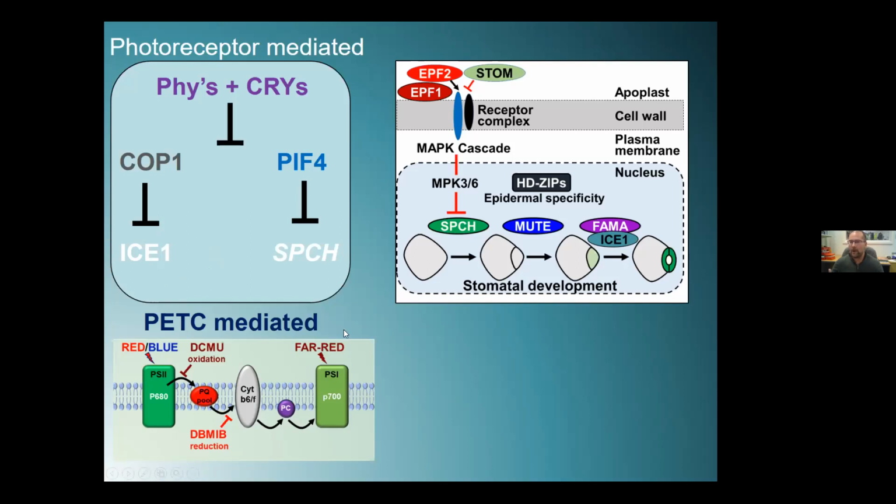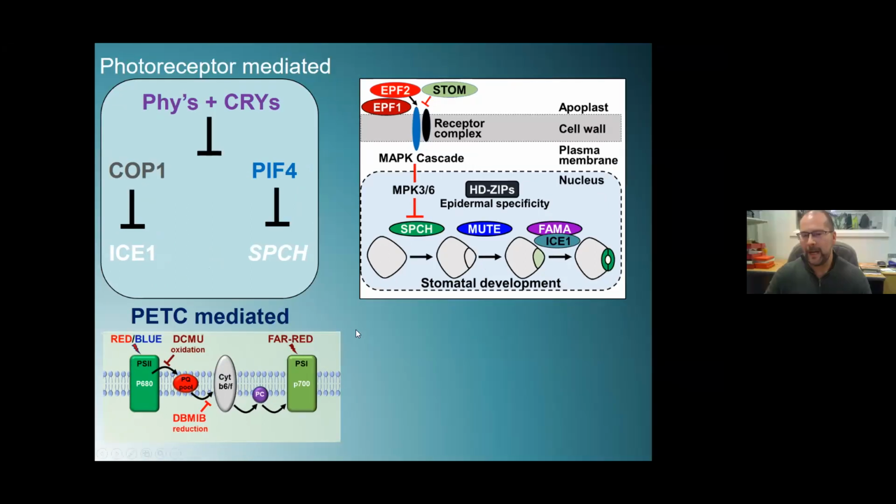But we also have signals coming out of the chloroplast in response to changes in the redox status of this electron transport chain that are also affecting the activity of this pathway. So I hope that gives you a good overview of what's going on here, but obviously there are other environmental factors as well, such as CO2, humidity, etc. And these are all things that you have to consider when thinking about environmental regulation.